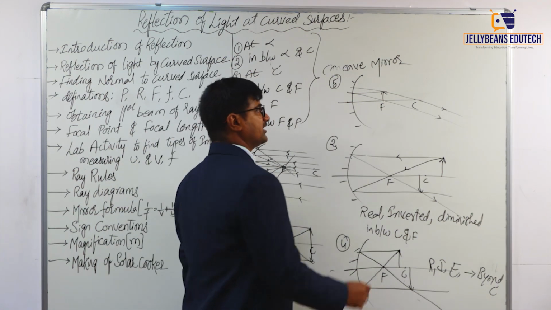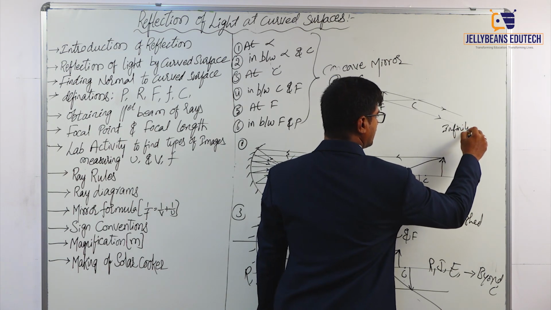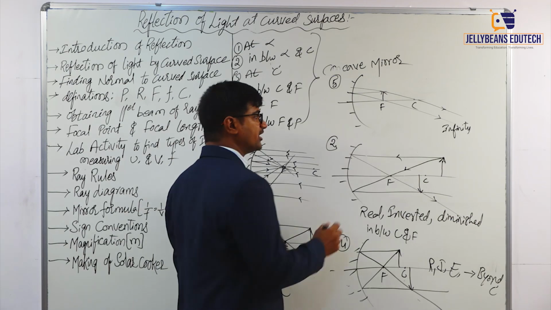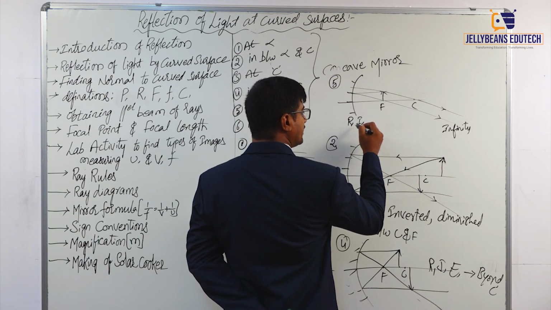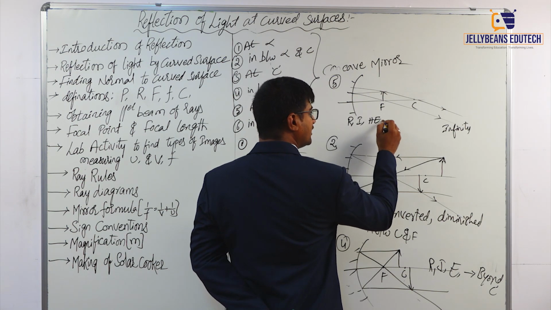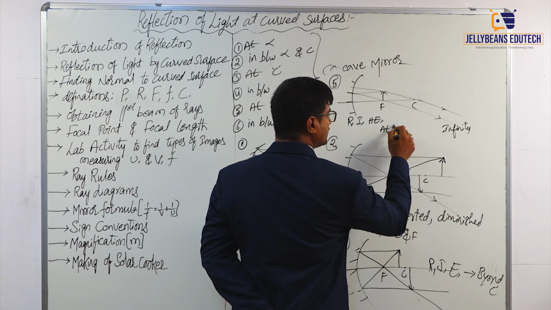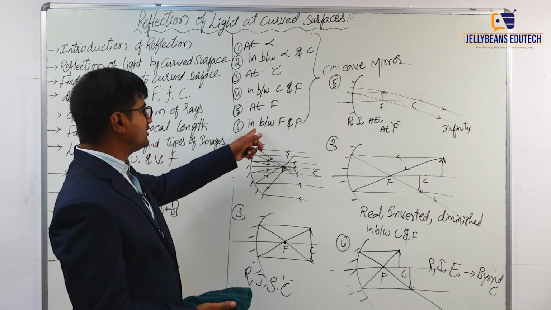That means they are intersecting at infinity, so the image is going to be formed at infinity. The nature of the image is real, inverted, and highly enlarged.